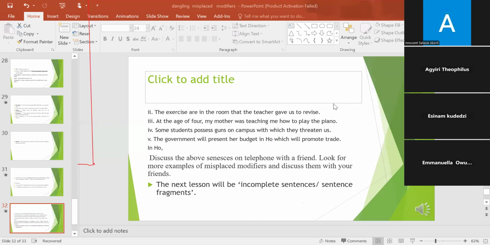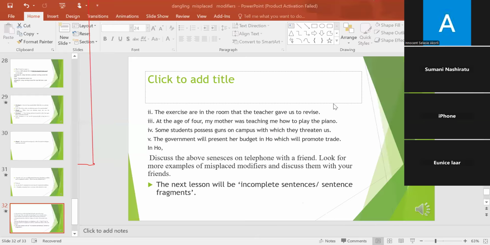Is there any different way to modify this apart from what she said? By 4 years, I was taught how to play the piano by my mother. Say it again. By 4 years, I was taught how to play the piano by my mother.